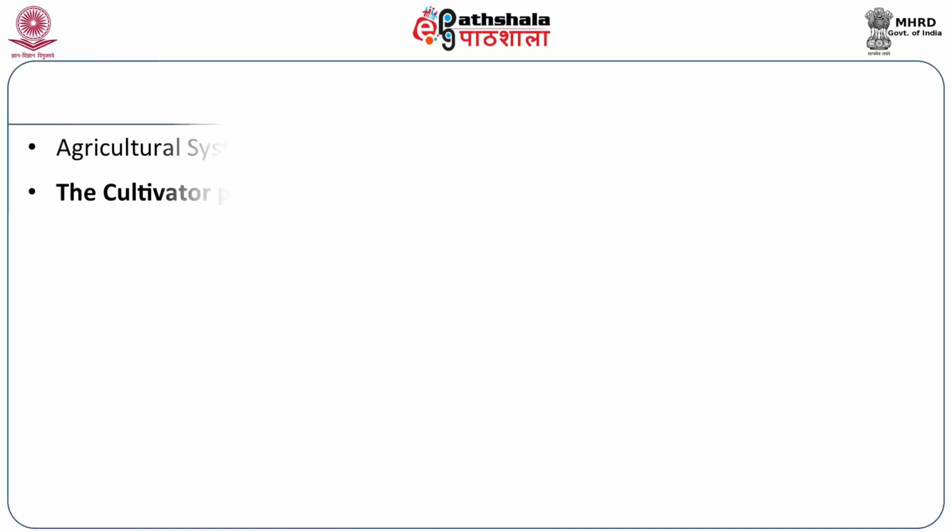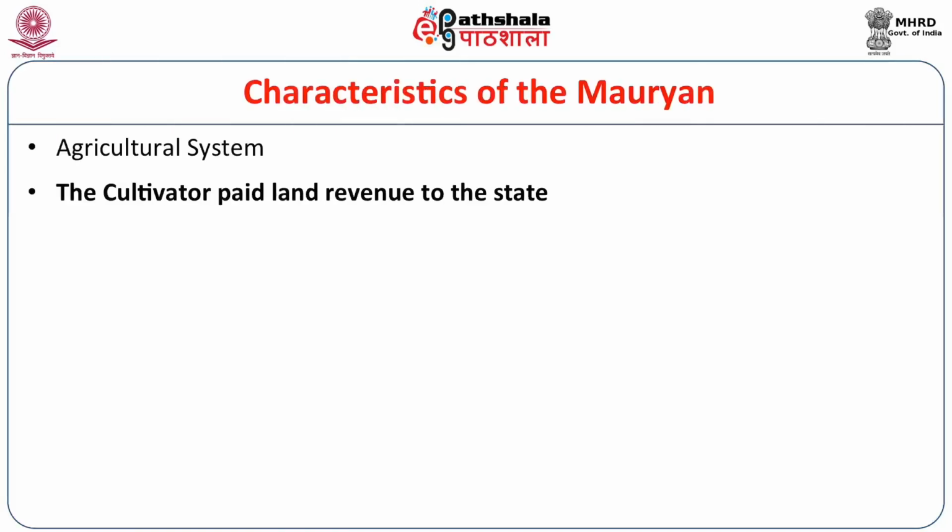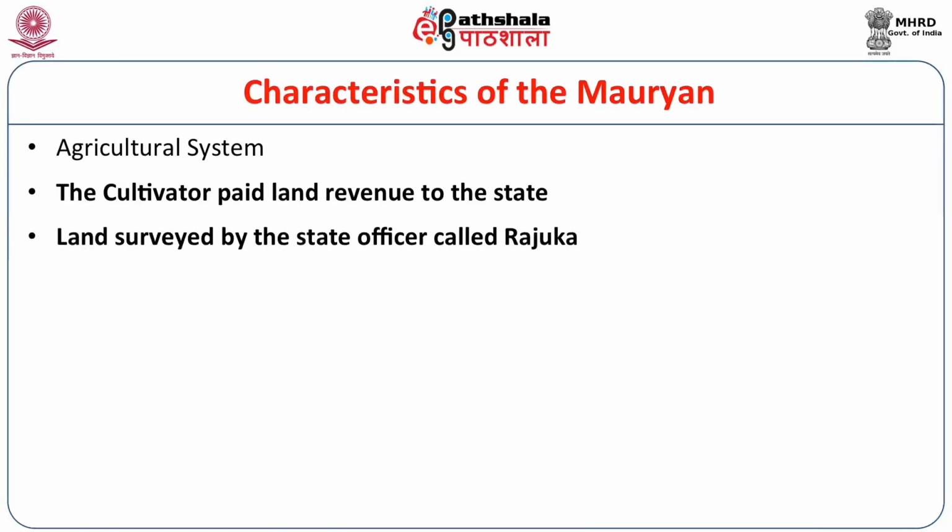What we get? The cultivator paid land revenue to the state. Land was surveyed by the state officer Rajuko. Why surveyed? For determining the royal share, how much land tax could be collected from the peasants for the king. Therefore, land was to be surveyed.